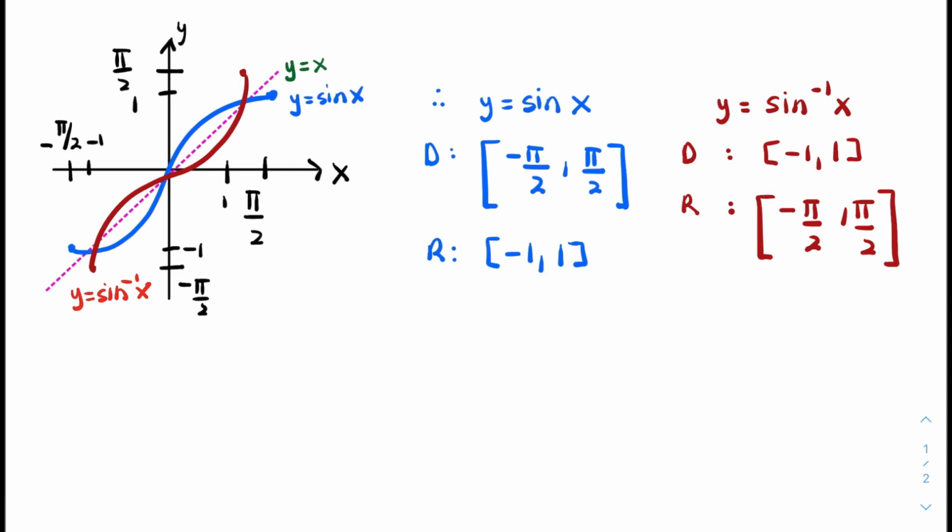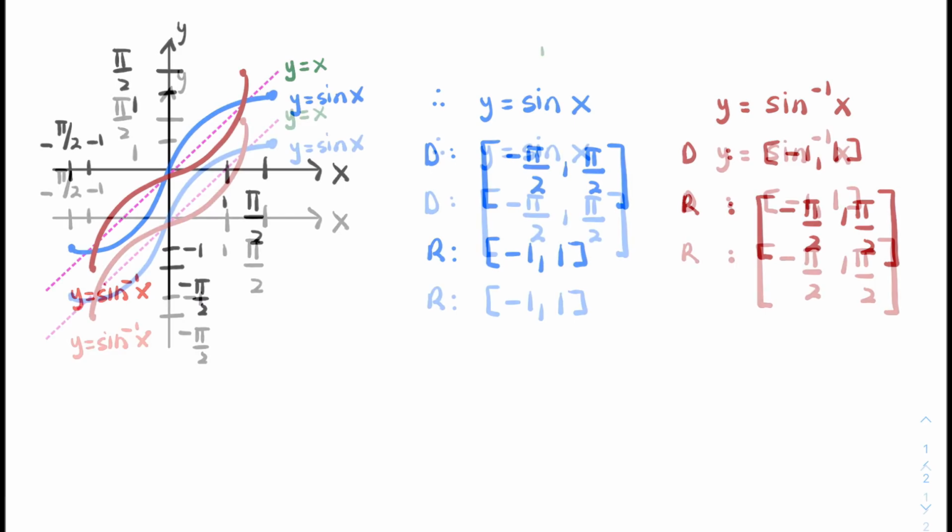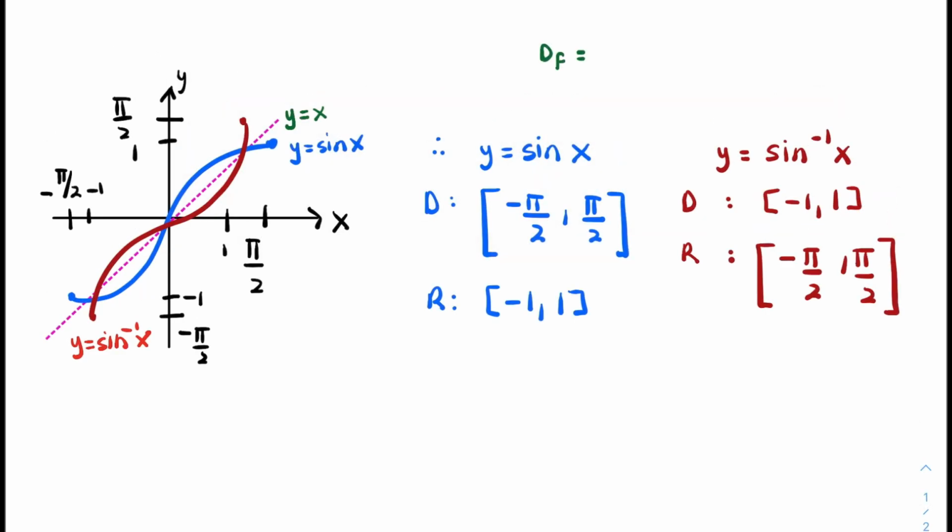When you restrict the domain for the function y equals sine x, the domain is from negative pi over 2 until pi over 2, and the range is between negative 1 and 1. Remember back in Maths 1, the domain of f equals the range of f inverse, and the range of f equals the domain of f inverse.